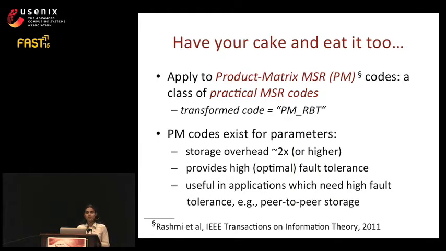PM codes exist for parameters where the storage overhead is greater than or equal to a value slightly less than 2. For this amount of storage overhead, they provide the maximum fault tolerance possible. These are applicable in applications which need high fault tolerance, such as high churn applications like peer-to-peer storage.